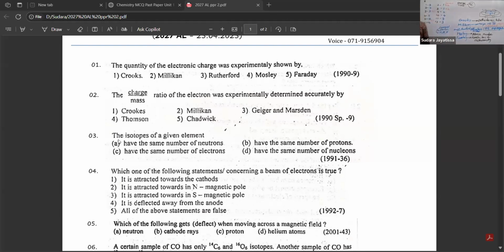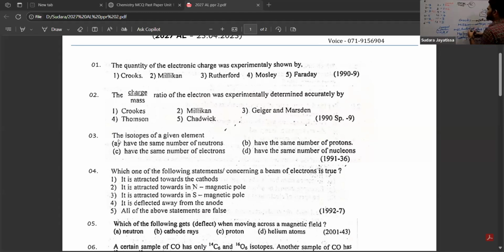Our answer is Thomson. These are easy questions, so we'll go a little fast. We discussed this a little in our last classes too. Thomson is the one who discovered the E over M ratio for the cathode rays. There are some other scientists mentioned, Crookes and Millikan, which we already wrote about.